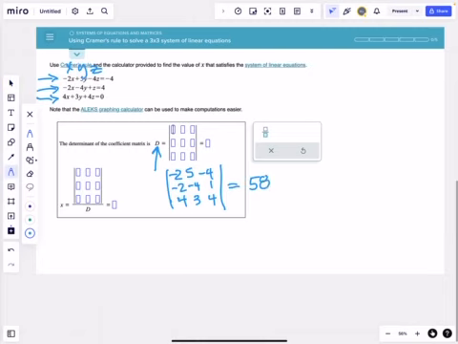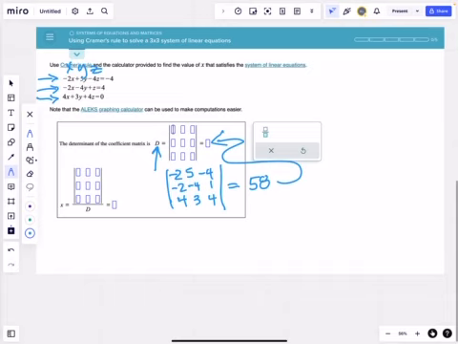Okay, so that's going to be our denominator for all of the variables. Okay, so now how do I find the determinant I need for a specific variable? Well, this is pretty easy if you know what you're doing.